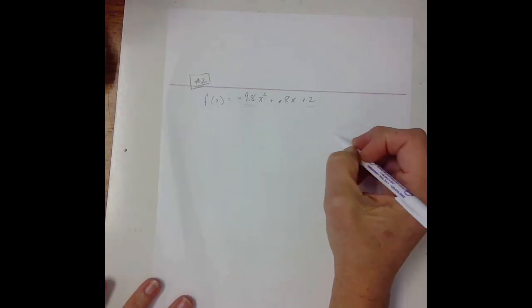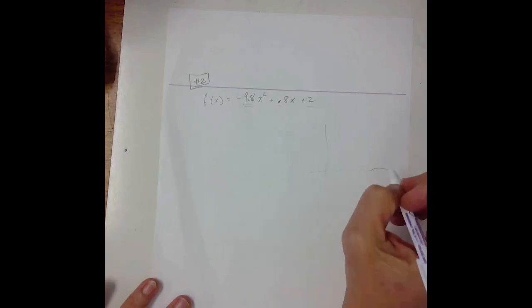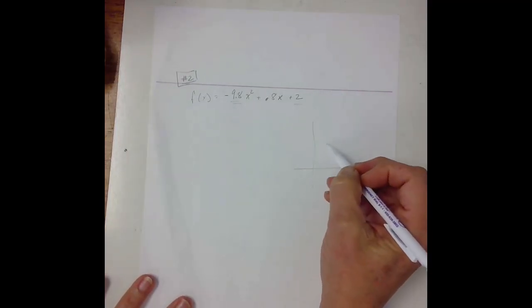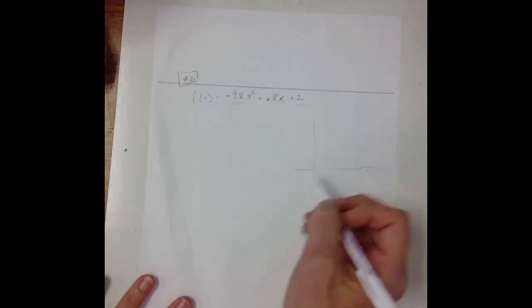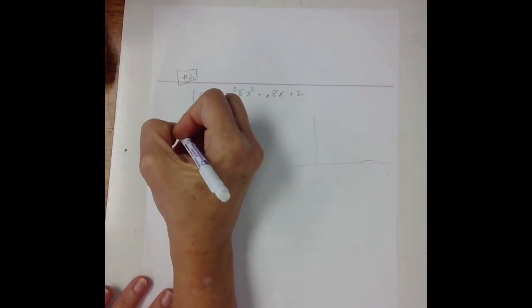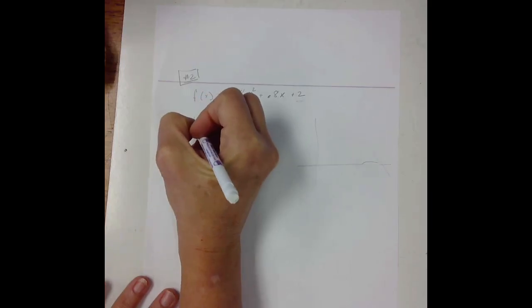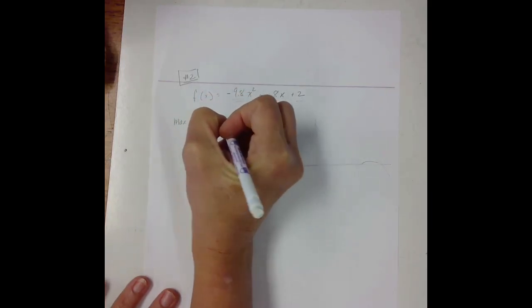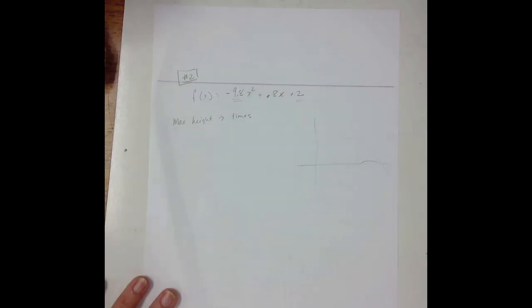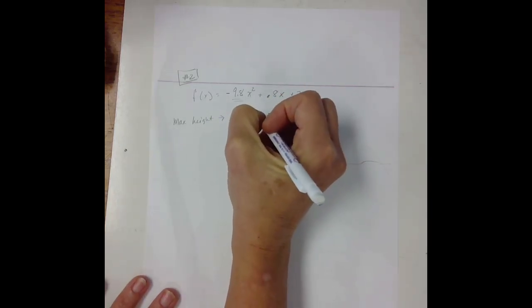So my graph of my function would look kind of like this. I don't know if I've got it exactly right, but what I want is to find the maximum height, and also how much time has passed at the maximum height.